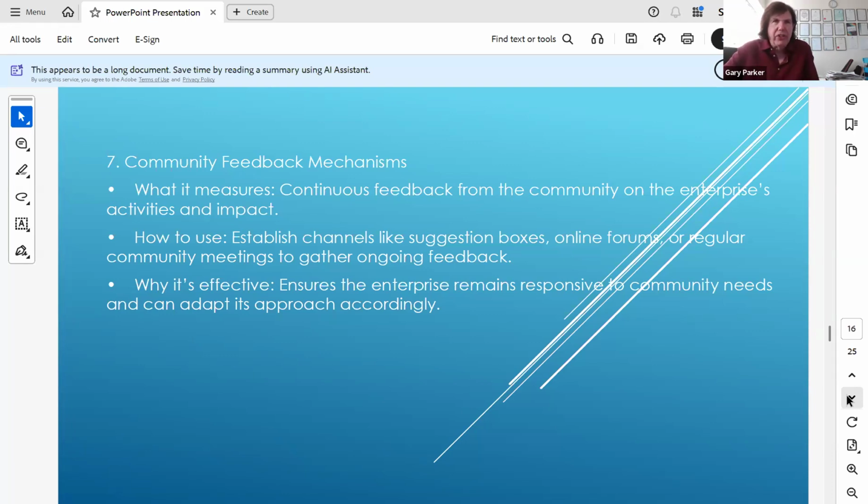That's why I'm giving you information about a range of alternatives here. Why are community meetings and community feedback mechanisms effective? Because they ensure that your organization or enterprise remains responsive to community needs and can adapt its approach accordingly. I'll give you another example of this.